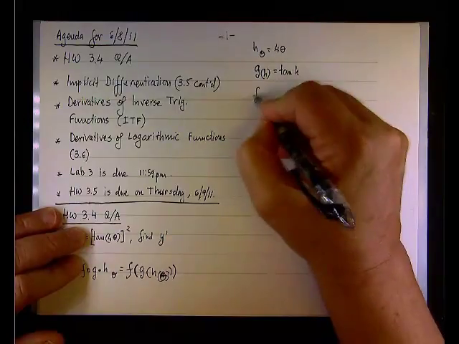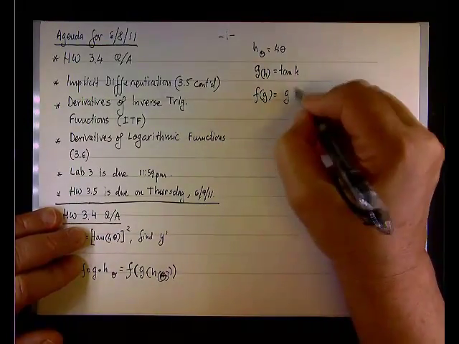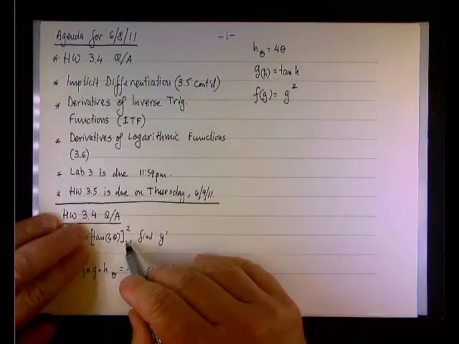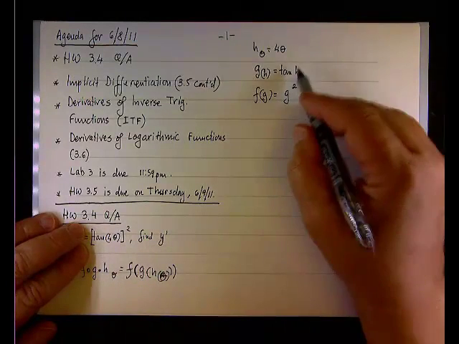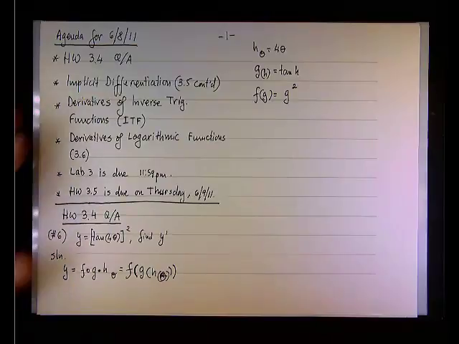Tangent 4 theta is tangent h. And finally, f of g will be g squared, right? Take the tangent of 4 theta and square it. And then now we'll do the derivative.